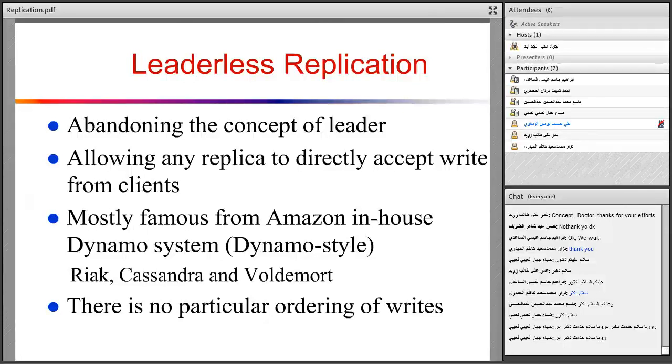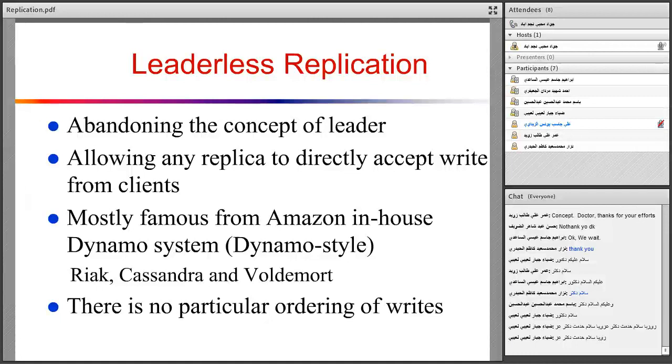There are some advantages and some disadvantages to using this type of replication. I'm going to talk about them.